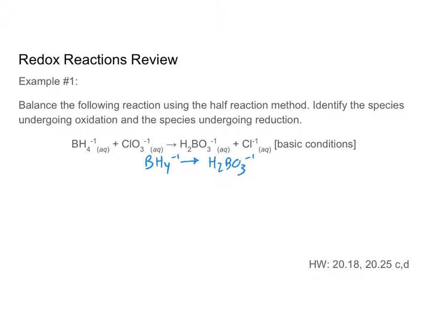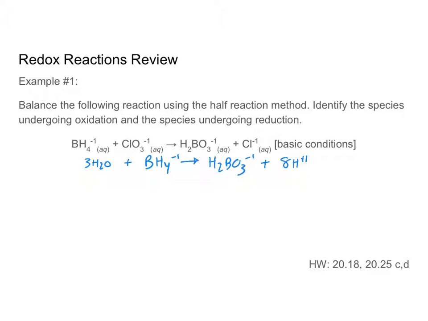In this case here, it appears that my borons are balanced, so the only things left to balance are the hydrogens and the oxygens, and we balance the oxygens first by adding water. So I'm going to add 3 waters over here, which will give me my balance of my oxygens. So on the product side, or the right-hand side, I need to add, what is it? Let's see. I have a grand total of 10 hydrogens on the left side. Do you see that? And 2 already on the right side. So I'm going to go ahead and add 8 hydrogens over here.